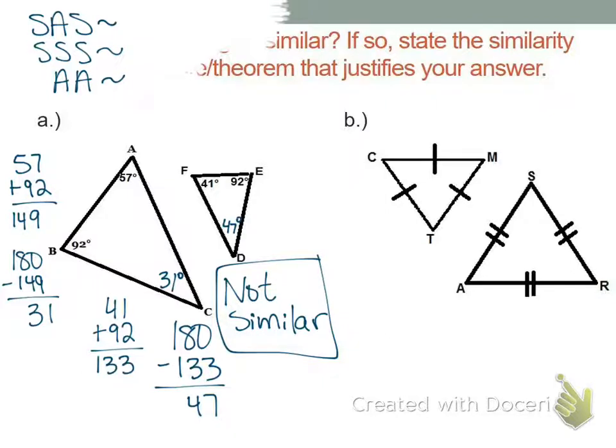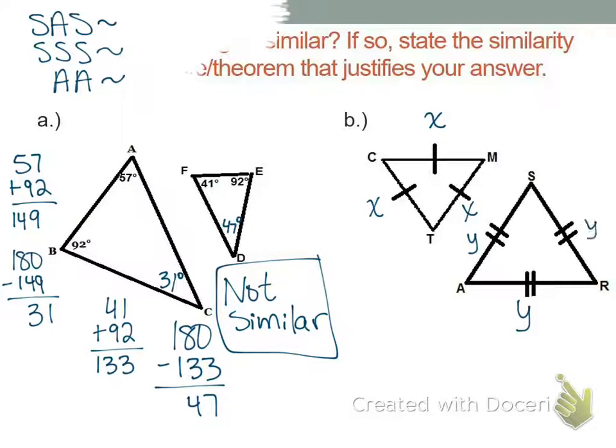So if I labeled side CM with a little X, then that means I could also label CT with an X, and I could also label TM with an X. Okay, I don't know what they are, but I know they all have to be the same. Same thing on the next triangle. I could label side AR with a Y, which means that AS and SR also get labeled with a Y.